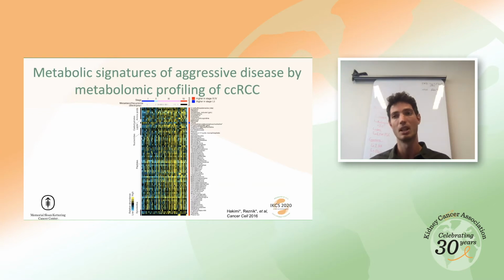In fact, it's relatively unique, or most prominent in kidney cancer. It really does seem as if the progression to advanced disease is centrally and critically associated with changes to metabolism.